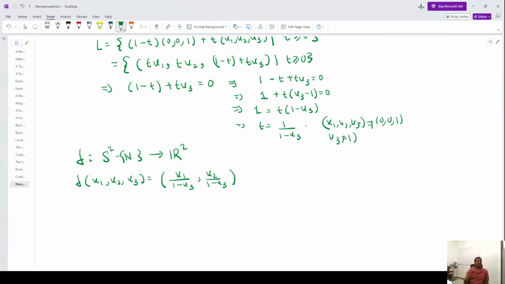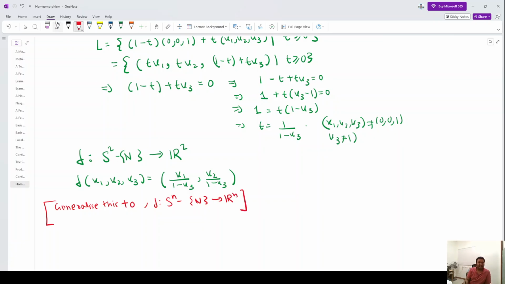Now you don't worry about the second component. Similarly, I ask you to do an exercise: generalize this to f from Sn minus n to Rn.